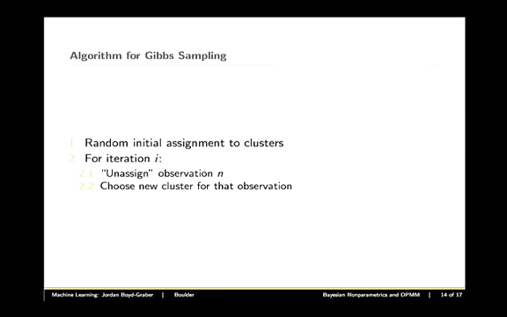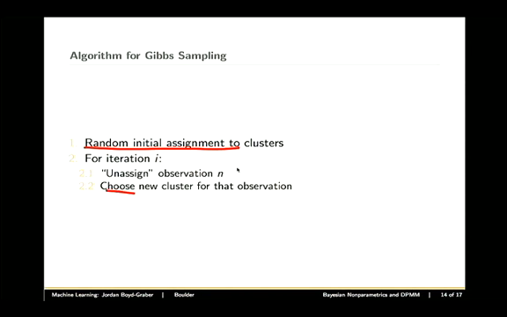Okay, so the algorithm for this is we're assigning our clusters randomly initially, or however you want, really. So just start with some initial assignment. And then for each iteration, you're going to unassign observation i. You're basically going to pretend that you're seeing this observation for the very first time and assign it to a cluster.